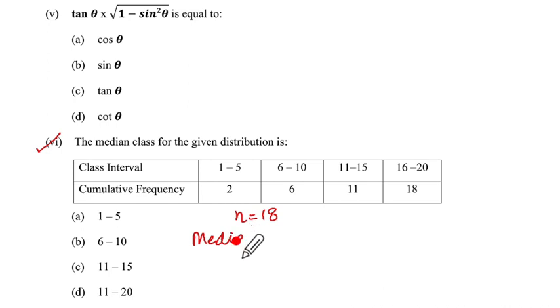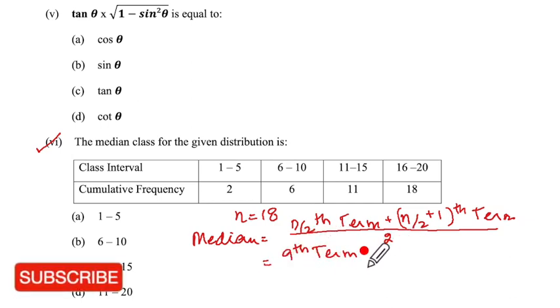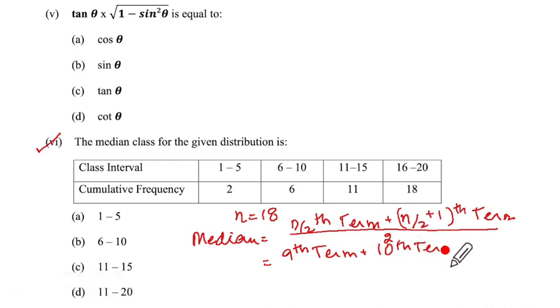Your median is going to be equal to the n upon 2th term plus the n upon 2 plus 1th term, and the whole thing upon 2. So the n upon 2th term is the 9th term, plus 9 plus 1, that is the 10th term, and that upon 2.